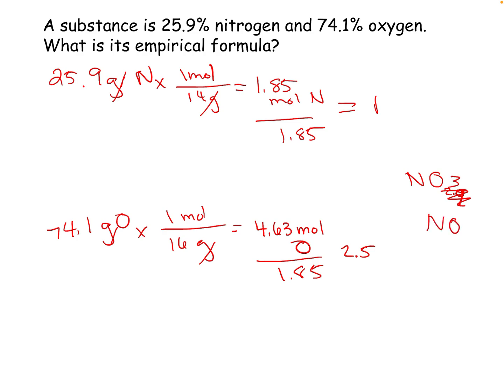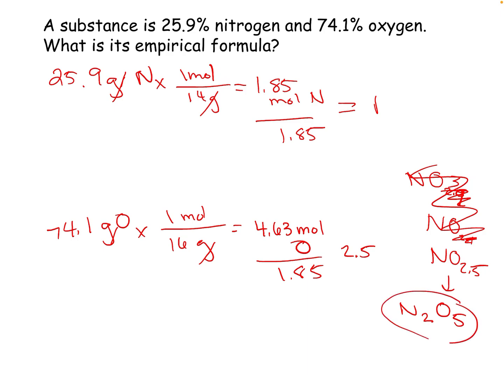If it was 2.1, we'd keep it at 2. But this is right in the middle. This is 2.5. So that last bit in the note said if it is smack dab in the middle at 2.5, you've got to double both of them. So instead of a 1 to 2.5 ratio, we're going to make it a 2 to 5 ratio.